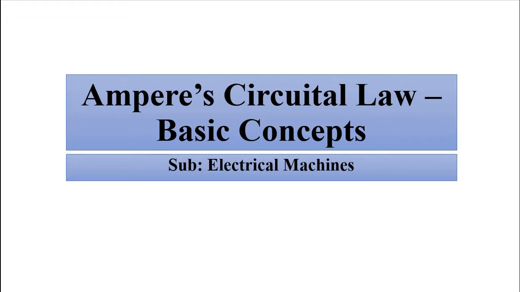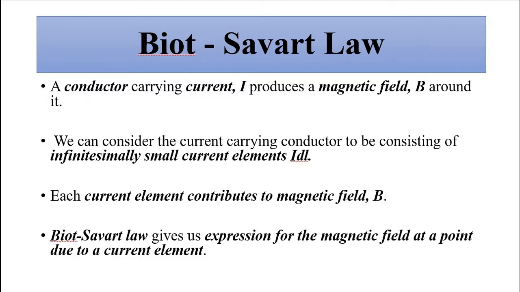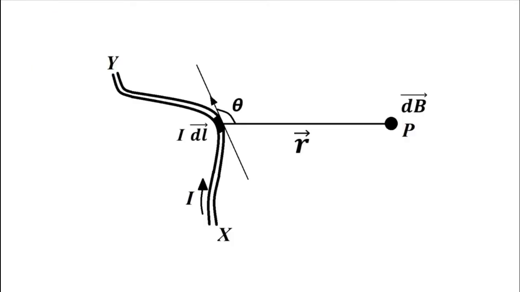Before we discuss Ampere's Circuital Law, we'll just review the Biot-Savart Law, which gave us an expression for magnetic flux density at a fixed point P, because it is related to that.